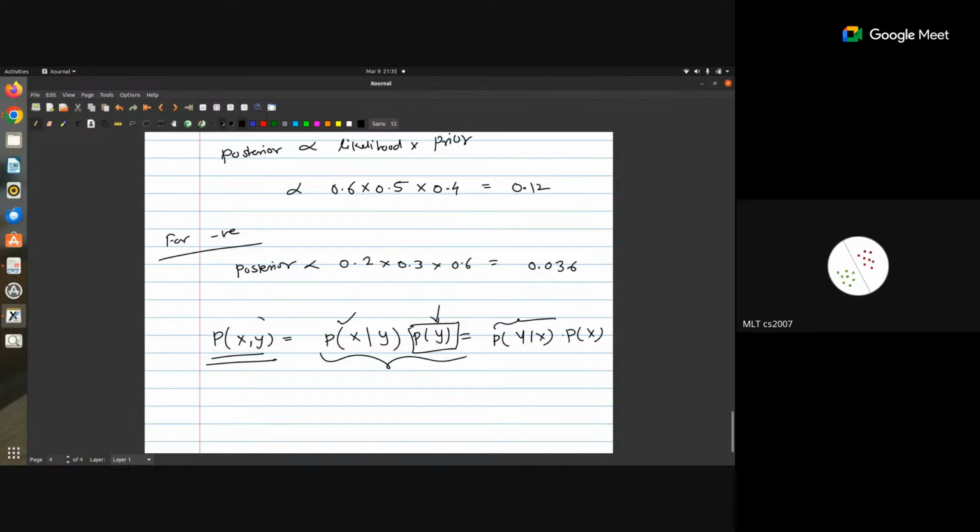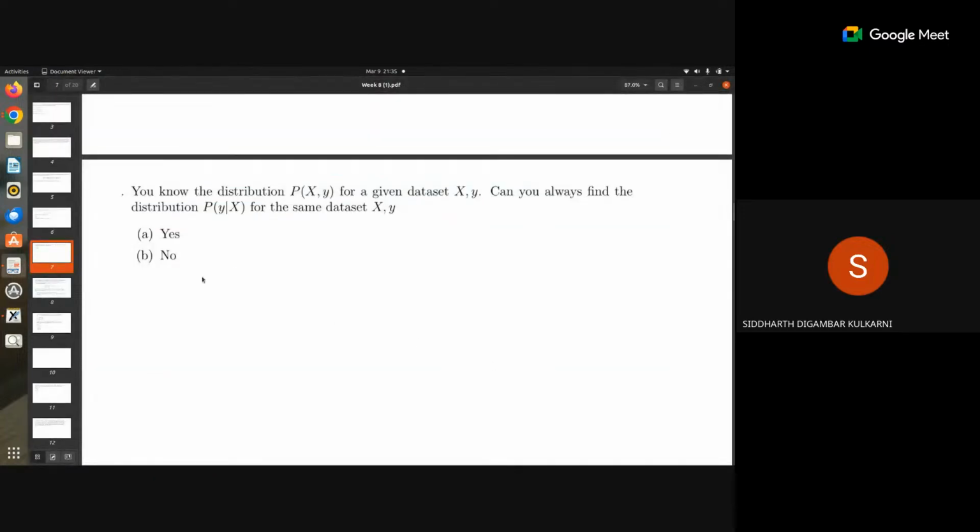If I have this distribution, will I be able to find probability of y given x every time? The question is, can you always find the distribution of probability of y given x?